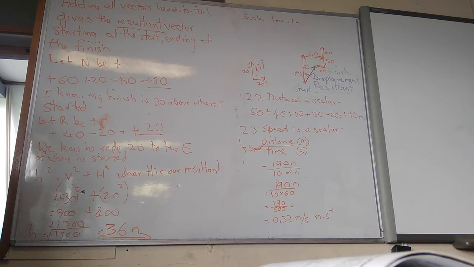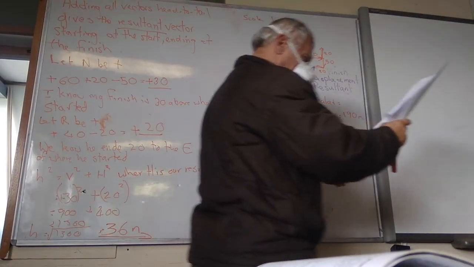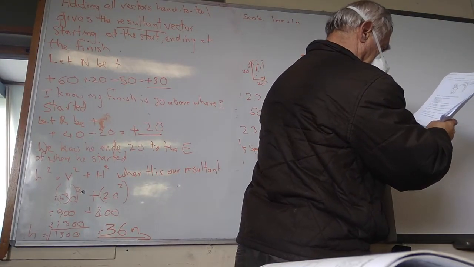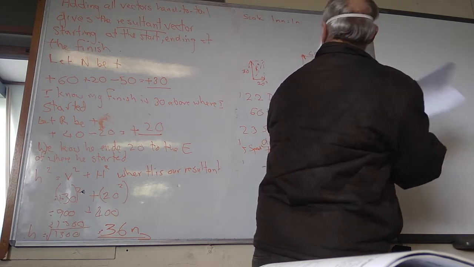Ooh. So what's the difference between speed and velocity? The one begins with an S, scalar, and the other is a vector. Okay, so let's go to 2.5, the magnitude of the pirate's average velocity.